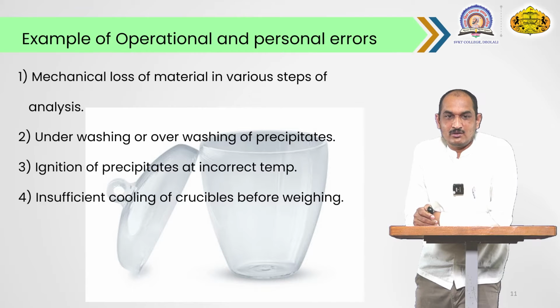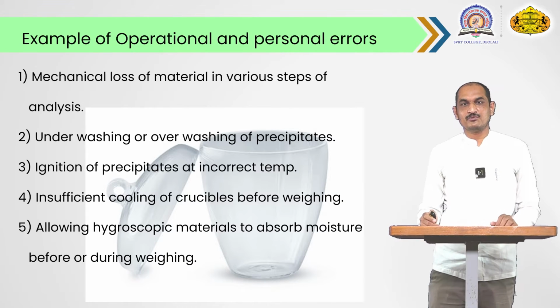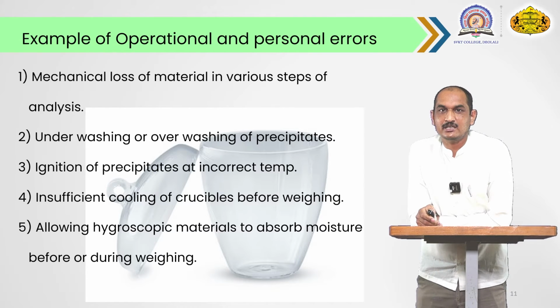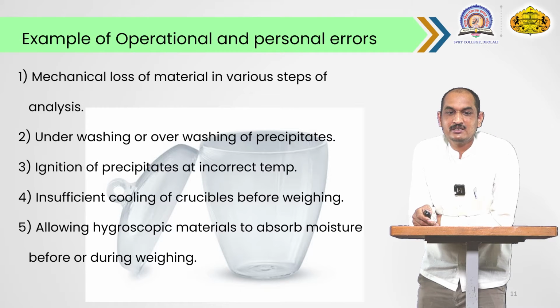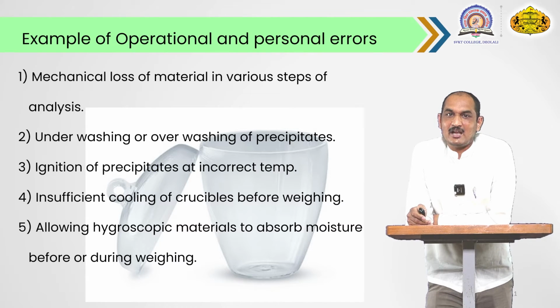One more example is insufficient cooling of the crucible before weighing. One more example is allowing the hygroscopic material to absorb moisture before or during weighing. All these are examples of operational and personal errors during gravimetric analysis.